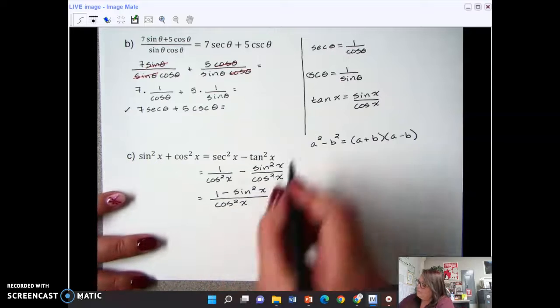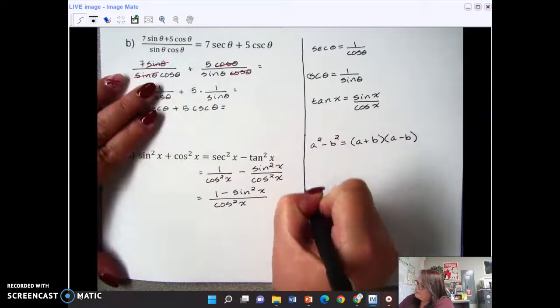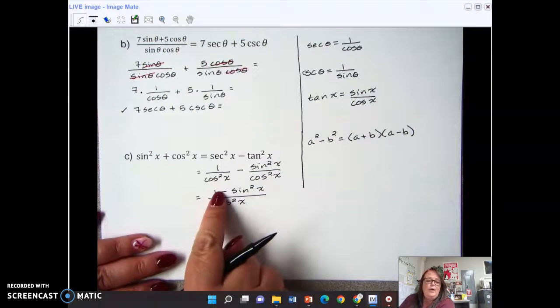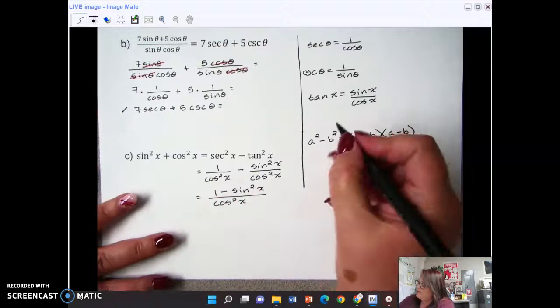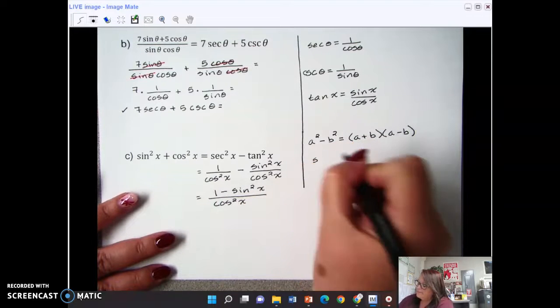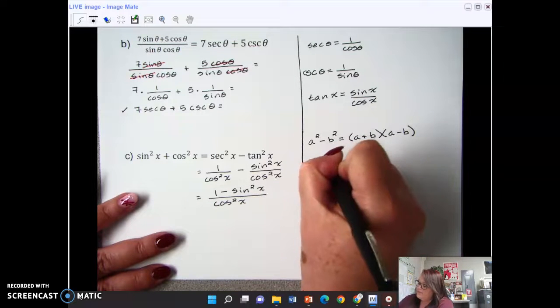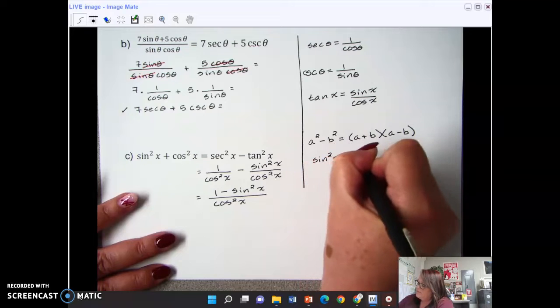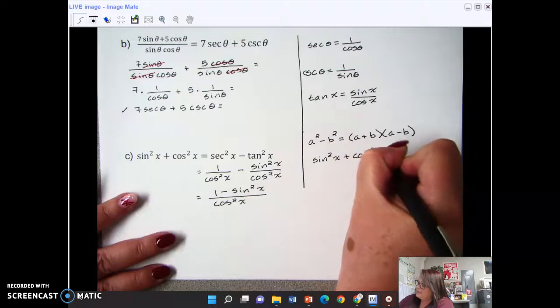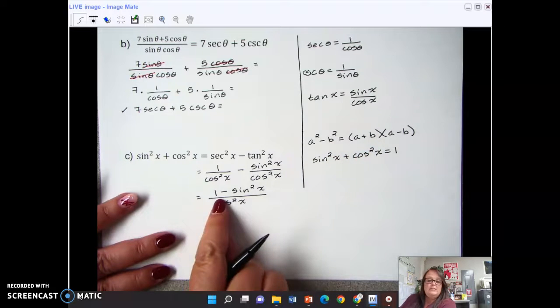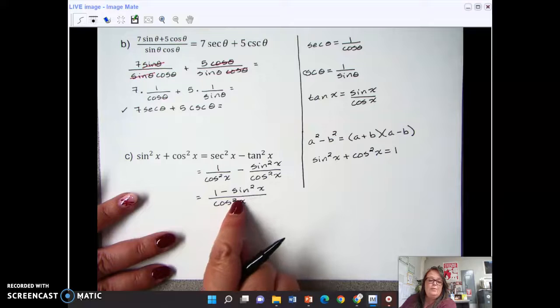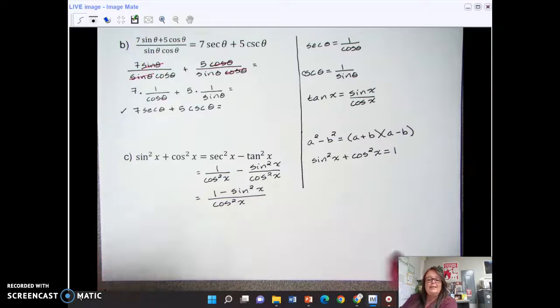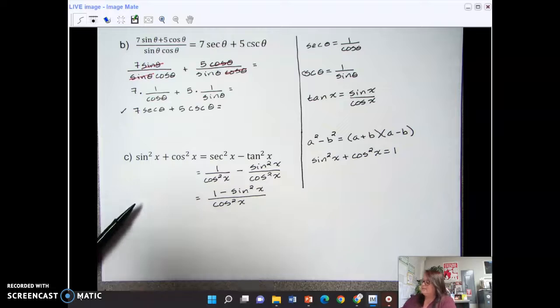And then in this numerator, we want to go back. Anytime I see a 1 and a square function, I want to go back into that Pythagorean identity. So I'm going to say we've got sine squared of x plus cosine squared of x equal to 1. And I want to substitute for this because right now my functions are different, but if I can get them to be the same, then I can start canceling some things.